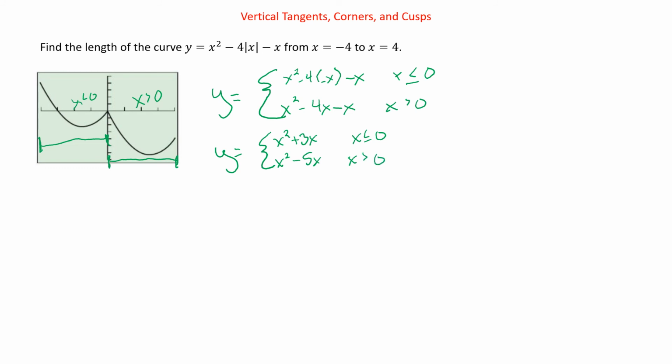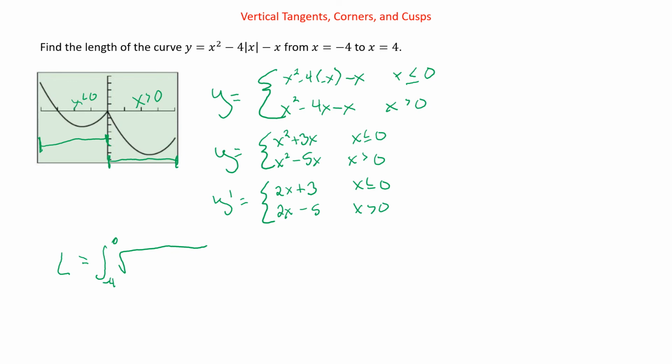So we're going to just have two different problems here. Y prime is going to be 2x plus 3 for x is less than or equal to 0, and 2x minus 5 for x is greater than 0.